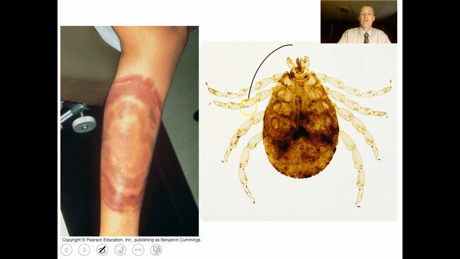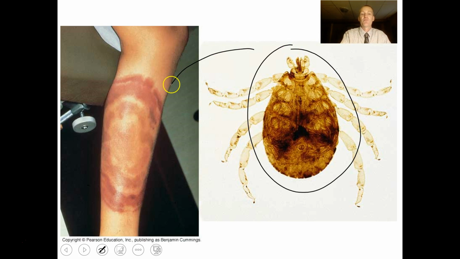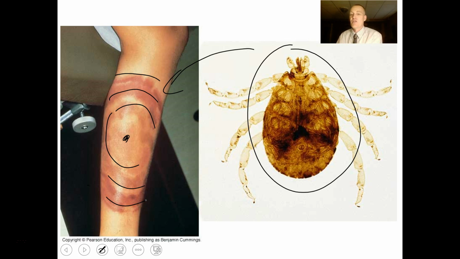This particular tick here, the deer tick, is responsible for creating this little bullseye rash here. So the tick would have bitten right here in the center, and over time a rash developed, and that's a major symptom of Lyme disease. Although some people don't have it or ever recognize that they actually have that after being bitten by a tick. Now, if you catch Lyme disease early, you can take antibiotics and cure yourself, just like you can most of the bacterial infections transmitted by ticks.